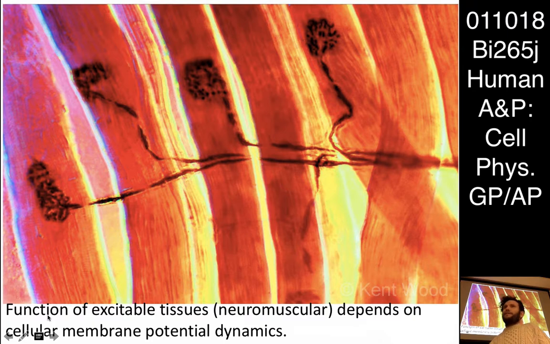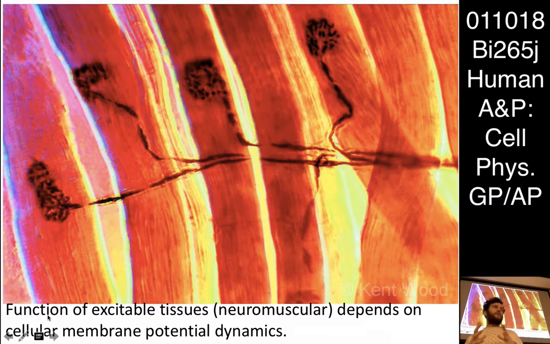So there is a potential difference, a resting potential difference that a cell establishes across the membrane. You can imagine the cell membrane being like a battery. Like a 9-volt battery, you have the plus and the minus terminals. You can imagine the plus terminal being outside the cell and the minus terminal being inside the cell, and there's a potential difference between them.